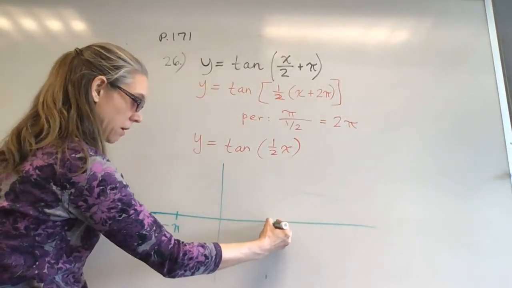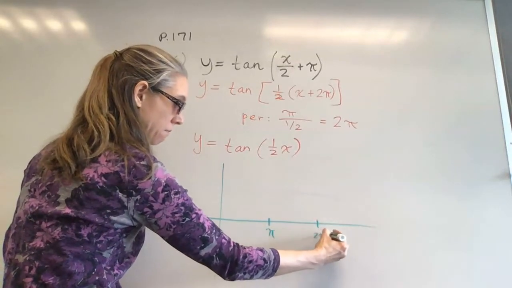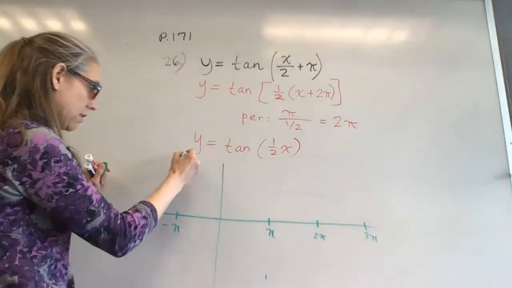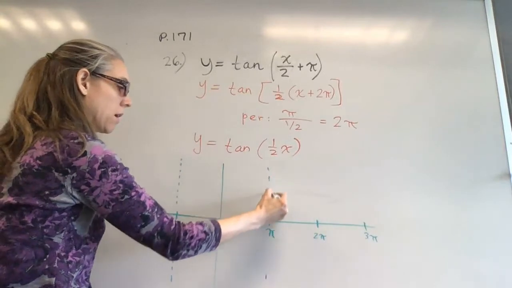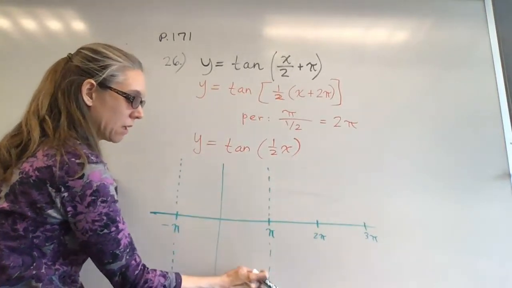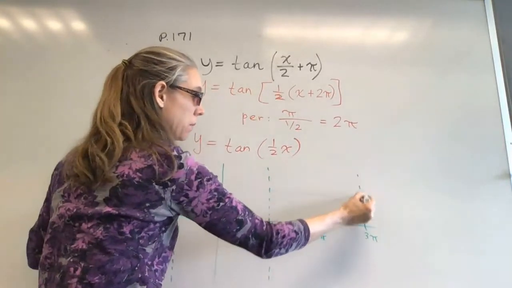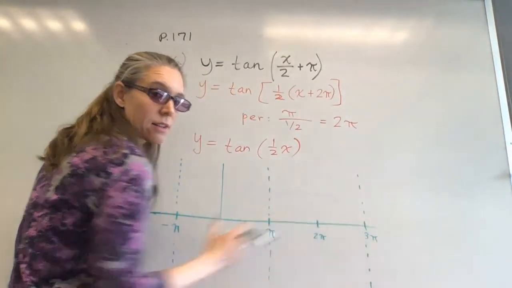Here's positive pi, 2 pi, and 3 pi. And then by putting the asymptotes here at negative pi and positive pi, that would give me 1 period. And then from pi to 3 pi, then I have a second period.